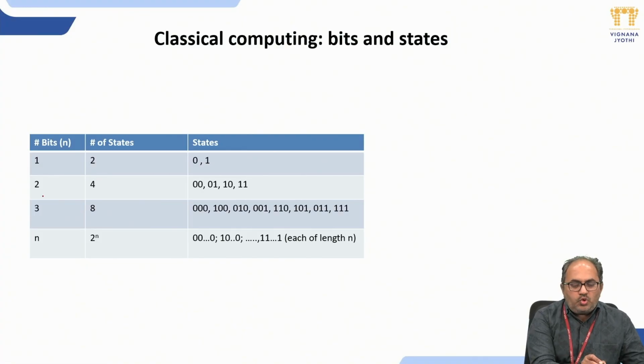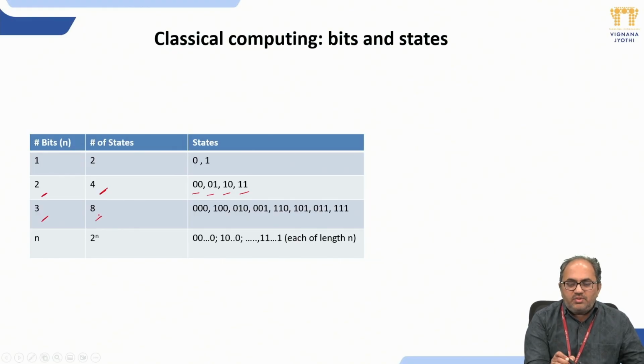Say, for example, I have 2 bits. Using 2 bits, we can generate 4 states. What are those 4 states? 00, 01, 10, and 11. Let us come to the 3 bits case. If I have 3 bits, how many states can I generate? 8 states.